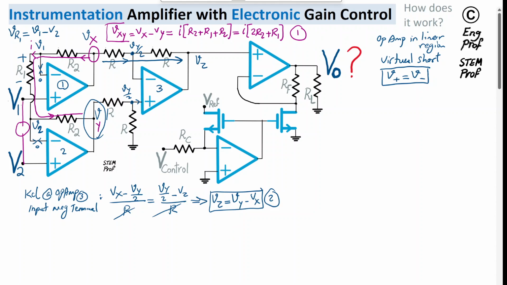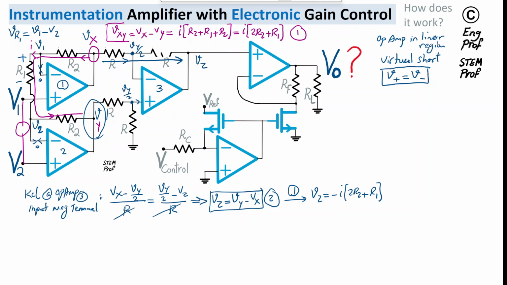So substituting using equation number 1, I get Vz equal to, be careful that this is Vy minus Vx, so we need to have minus. In this case we have minus, and then this is Vx minus Vy, so minus I times 2R2 plus R1.